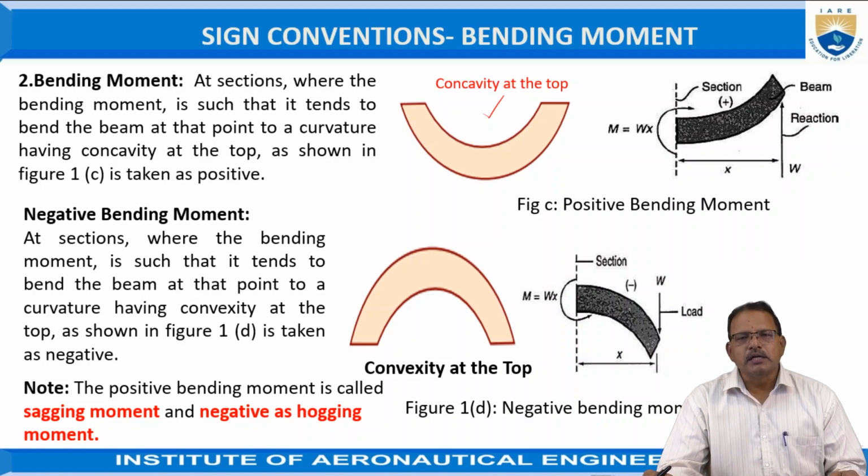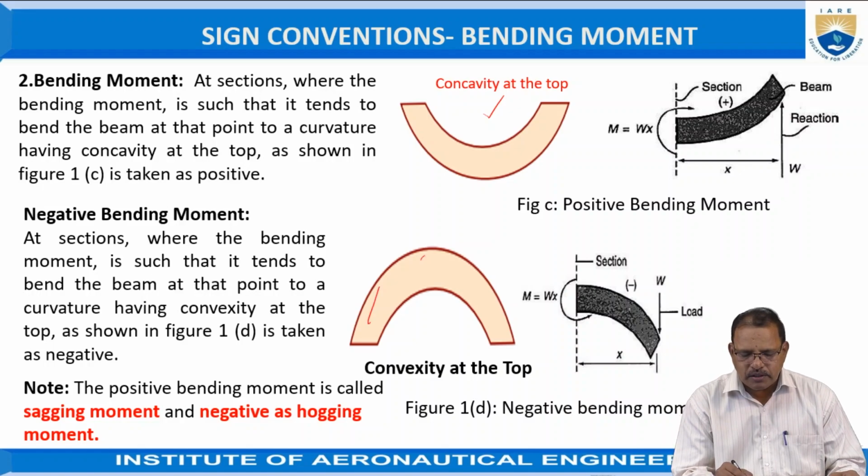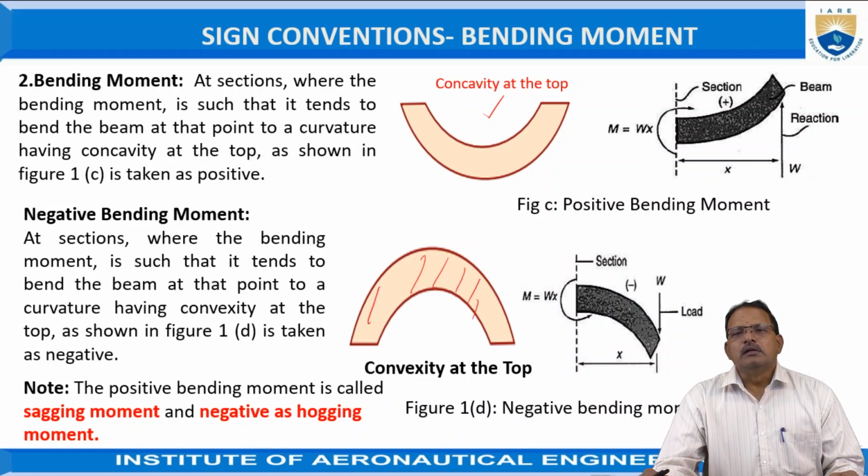When the load is acting on the beam, it deflects in such a way that its center of curvature has convexity at the top, as shown in the figure, then the bending moment is treated as a negative bending moment. The effect of convexity at the top is also called hogging effect, and generally it is in the form of an inverted U shape as shown in the figure.